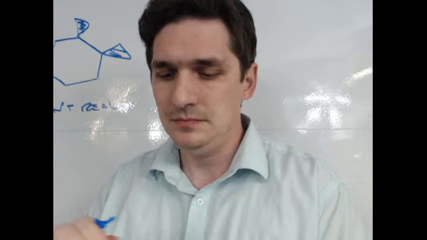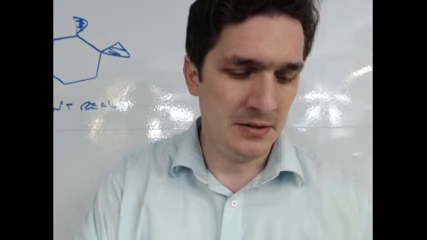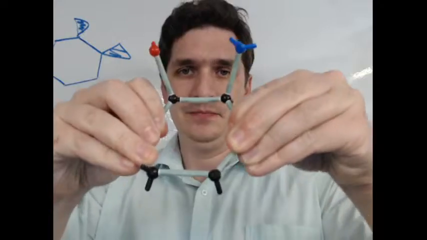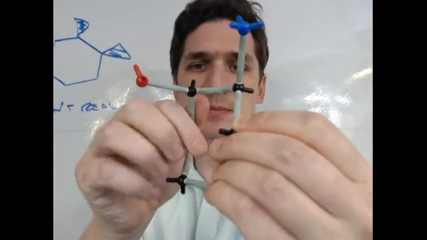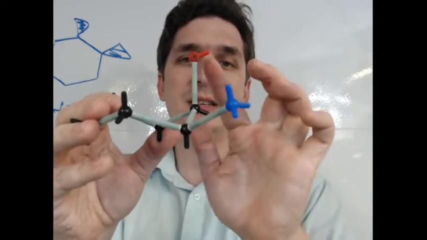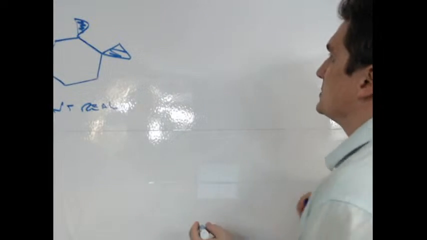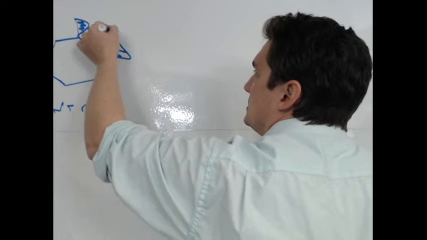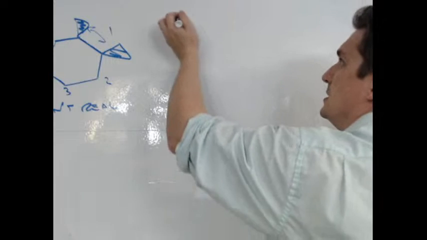And I'm going to make them cis. So to make them cis, I crash my ring out until it's flat. And then I'm going to take one of them and pop it up and pop the other one down. And now I can see that one is axial, one is equatorial. So the question is, how many atoms apart are they? So this is 1, 2, 3, and if I go by symmetry, it ends up being the reverse.